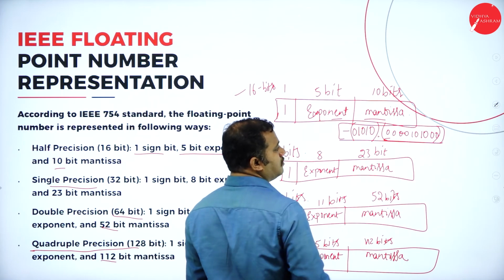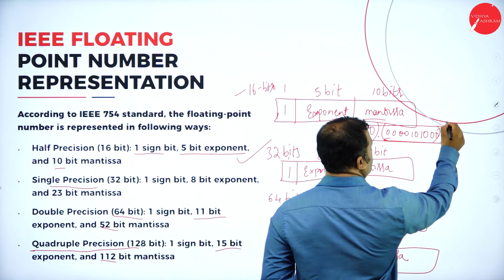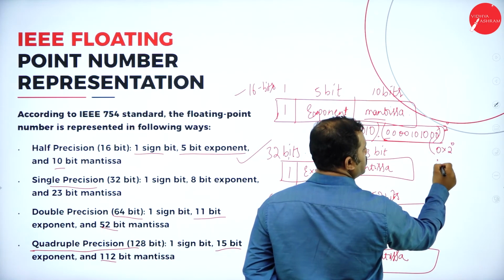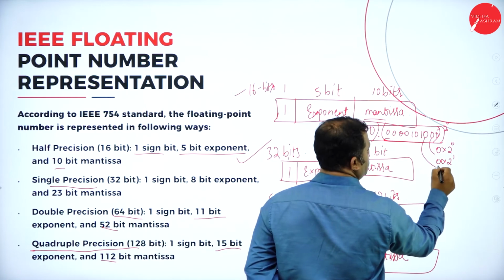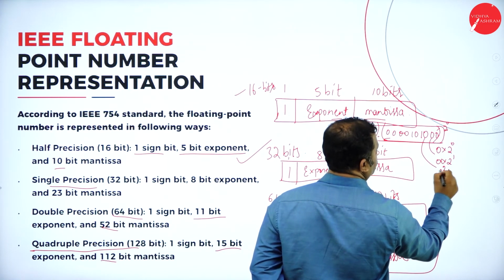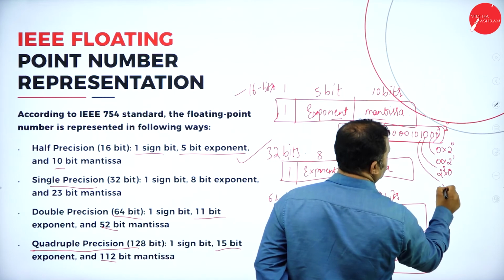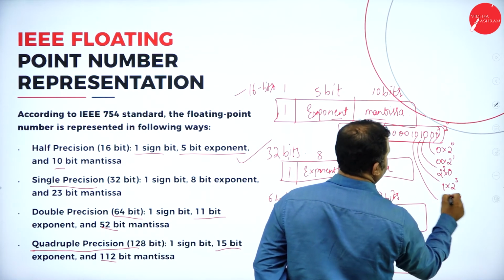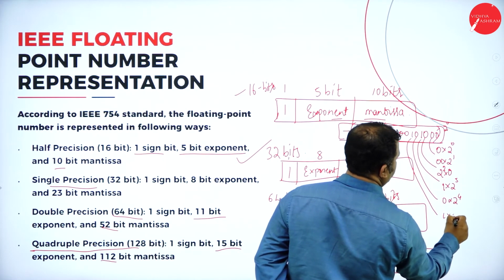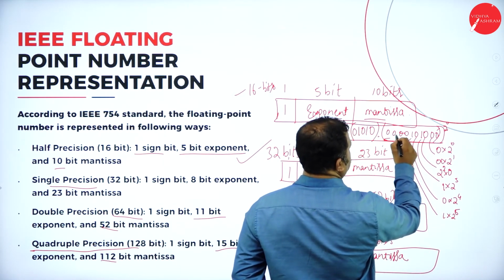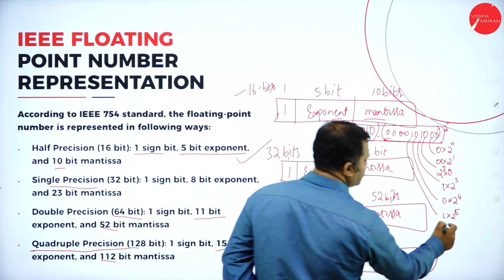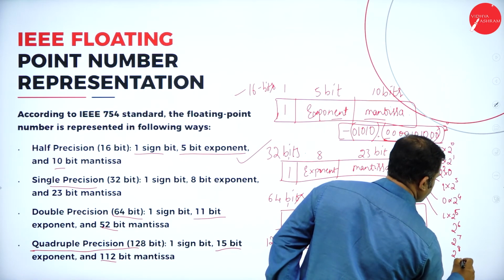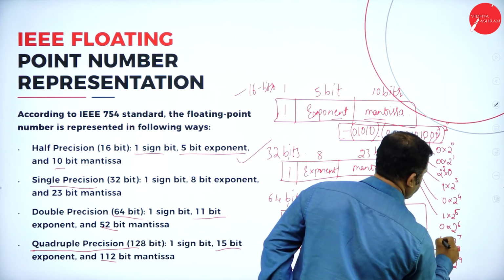That is 0 into 2 raised to the power of 0, 0 into 2 raised to the power of 1, 0 into 2 raised to the power of 2, then 1 into 2 raised to the power of 3, 0 into 2 raised to the power of 4, 1 into 2 raised to the power of 5, and the rest, 2 raised to the power of 6 through 9, are all zeros.